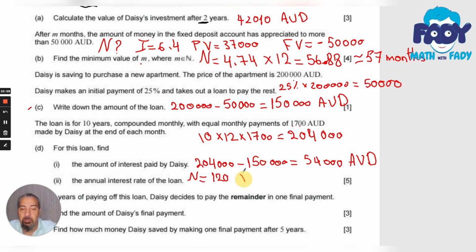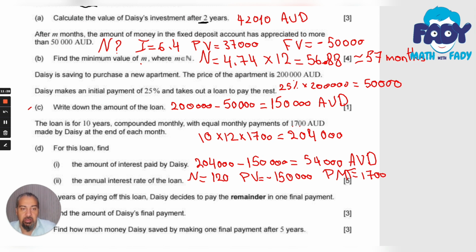Then PV, the present value, this is the value of the loan. So we'll insert negative 150,000. PMT is 1,700. Now we're inserting PMT because we know the monthly payment.